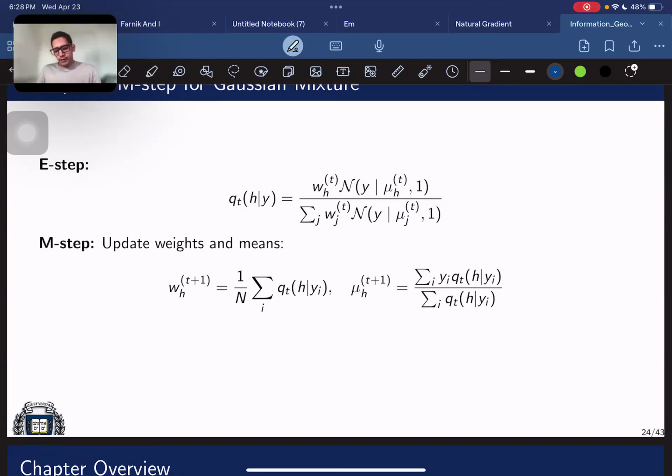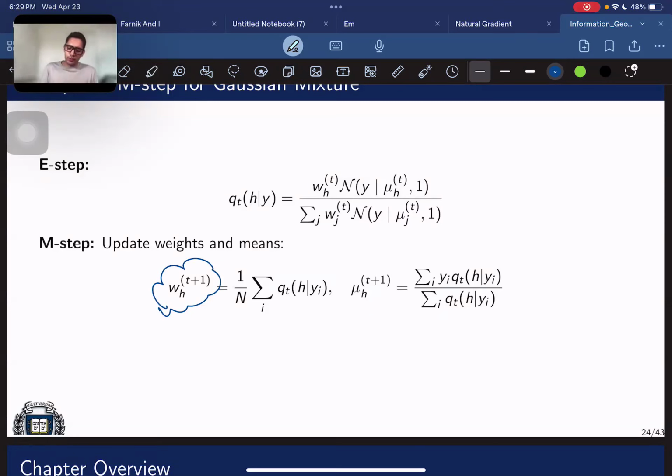Then you fix your distribution and optimize over the parameter space of mu's and w's. Then, based on that, you update your w's.